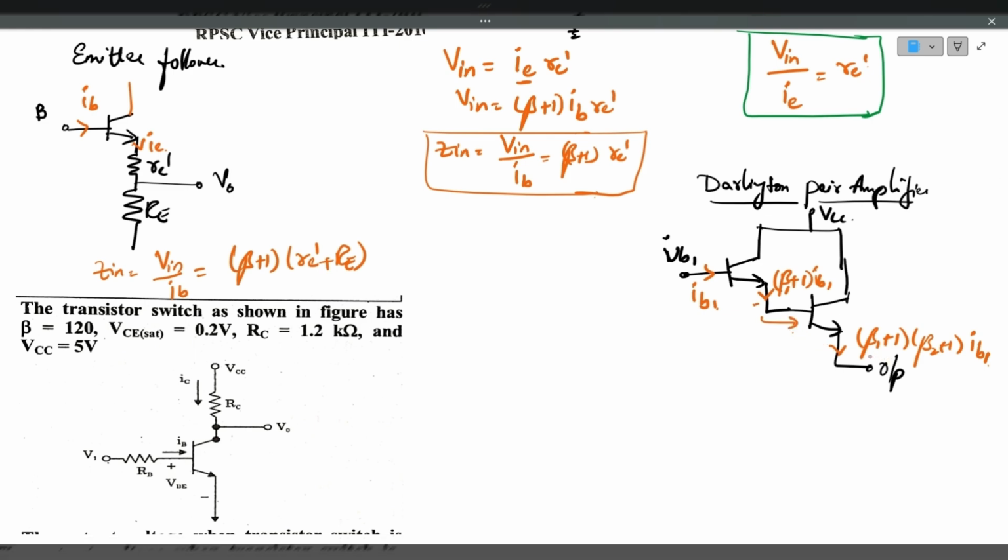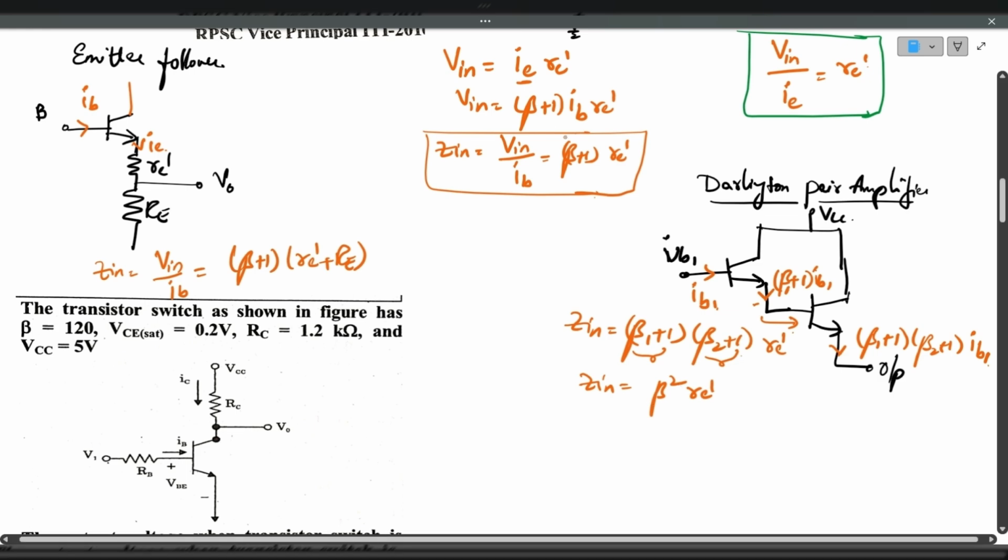So if you calculate the input resistance, it will be approximately (beta 1 plus 1) into (beta 2 plus 1) into RE dash, emitter model resistance. If you approximate (beta 1 plus 1), (beta 2 plus 1) to beta, and if both transistors have the same beta value, then it will be beta square RE dash.